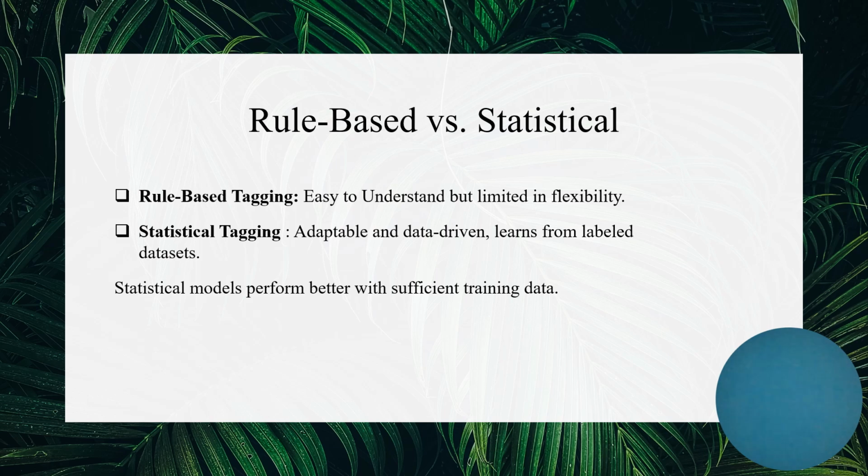This makes the model consider the probability of a given word, and it makes them data-driven and flexible, and they can perform across various domains. That's a major advantage, because it's adaptable, data-driven, and learns from the labeled dataset. So if you compare both, statistical tagging performs better with sufficient training data.